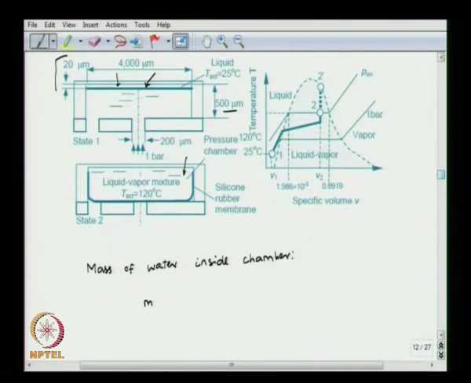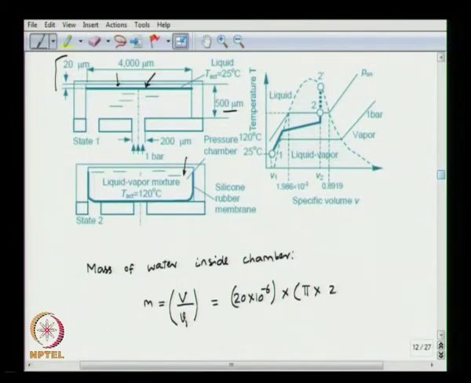So, m will be equal to V over v1. The volume will be 20 micron, the height, 20 into 10 to the minus 6, times pi r square.